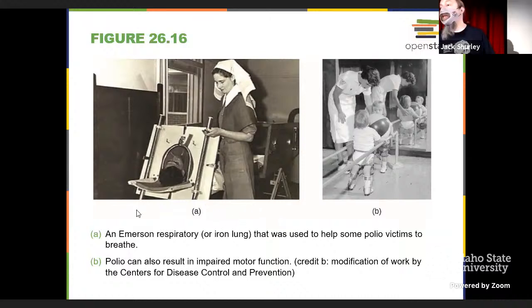The iron lung, which we showed before, as we think about neurological impairment. So not just respiratory issues, but the nervous destruction that sets the stage for this problem in the first place. And also with the motor neuron function, the possibility of paralysis or other issues, but paralysis was definitely a big concern with polio. So this is something that we vaccinate against.